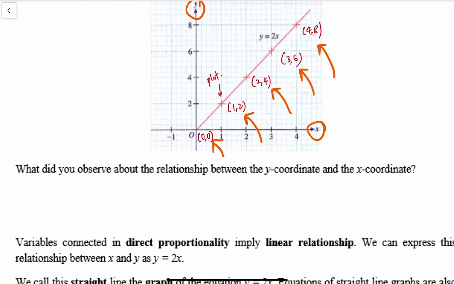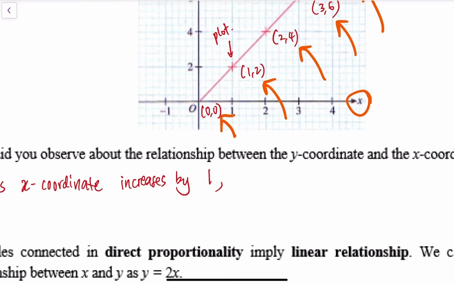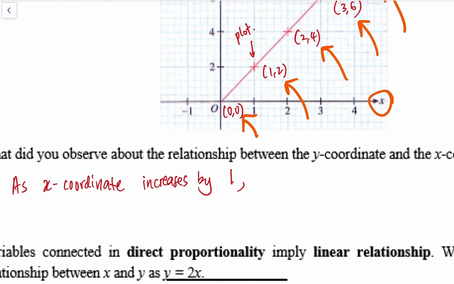Okay, so what it says is this: as x coordinates increase by 1, remember the first number is x, the second number is your y.